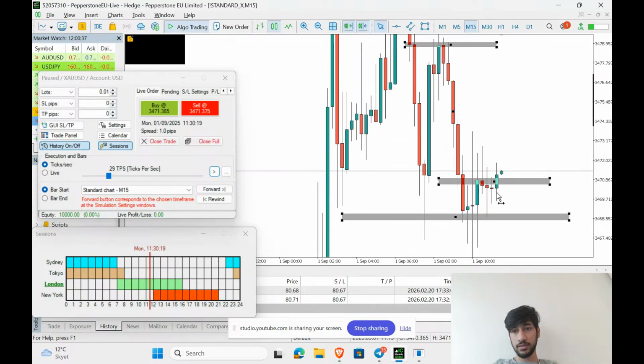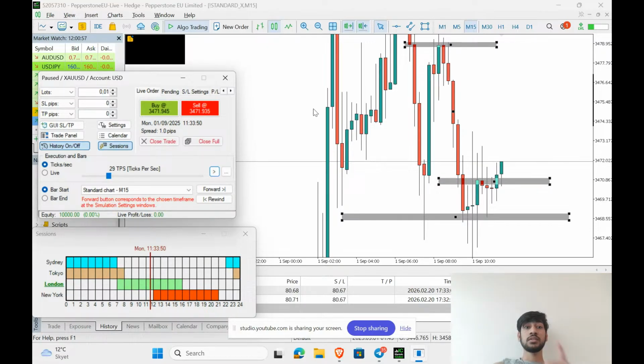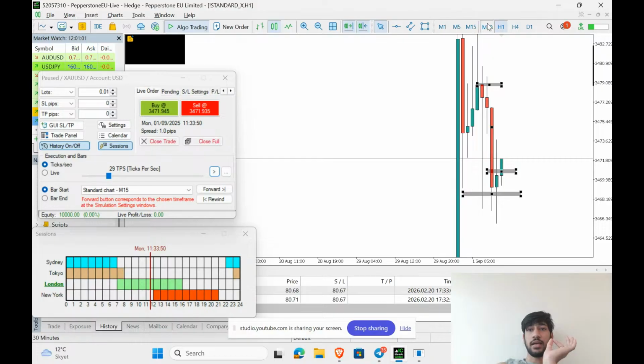Which means if this candle can wick down and break out this high, then it would be a very good opportunity for me to take buys. Just like that. See, this is the perfect trade that I want to be in.